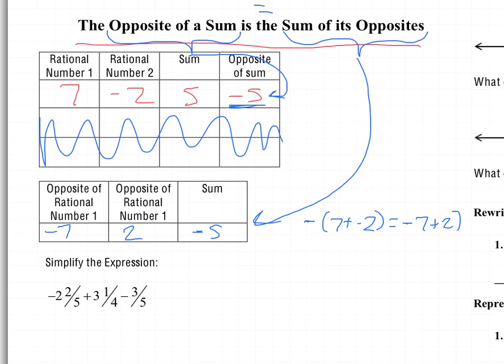Okay? So that's just a quick way to describe how to think about the opposite of a sum. It's the same thing as the sum of its opposites. All right.